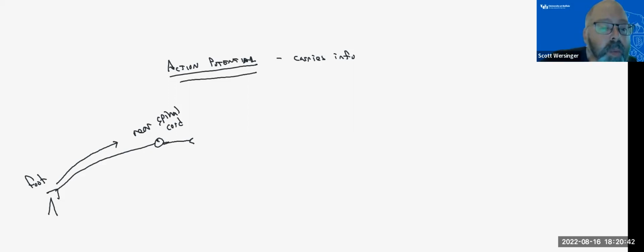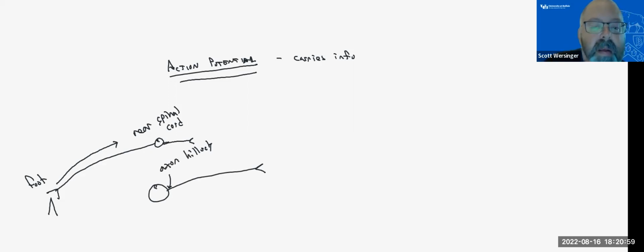So when we look at the action potential in a typical multipolar neuron, we have the axon hillock. That's where the axon and the cell body meet.